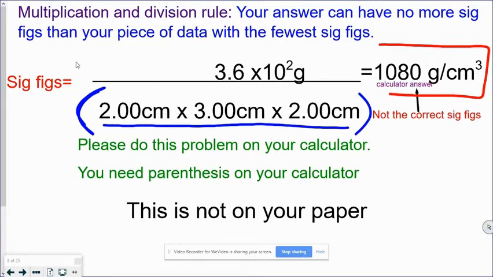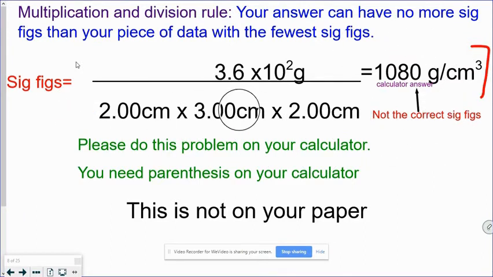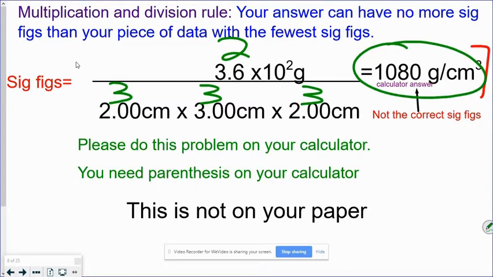All right, so I'm going to make the assumption you got 1,080 on your calculator. Now let's talk about sig figs. 2 sig figs there, 3 sig figs there, 3 sig figs there, 3 sig figs there. So our answer can only have 2 sig figs. So I have to write this number with 2 sig figs.